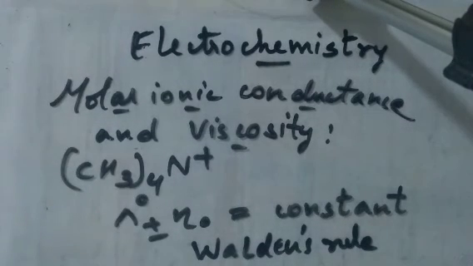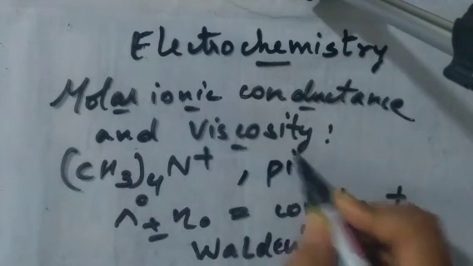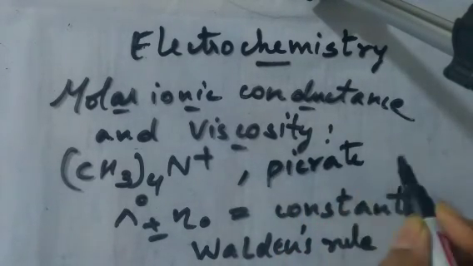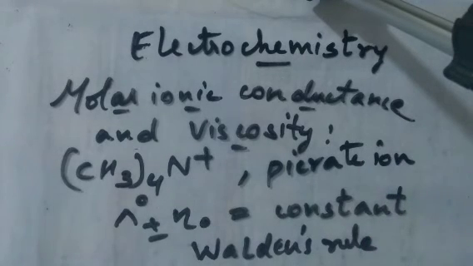He said that when you take a particular ion and measure the lambda naught values in different solvents having different coefficients of viscosity, the product is found to be constant. This Walden's rule is obeyed only by large ions like the tetramethyl ammonium ion or the picrate ion. So this law is obeyed only by larger ions.